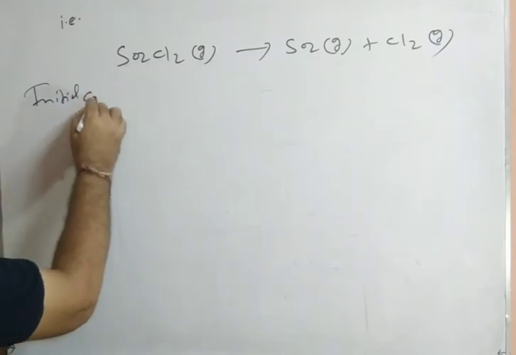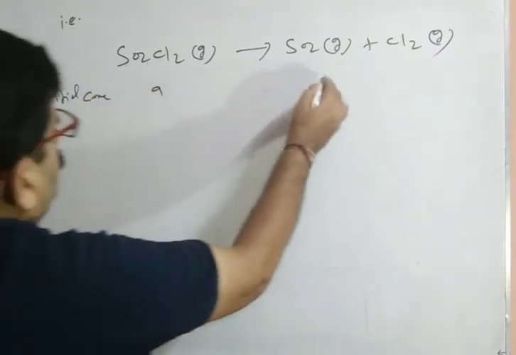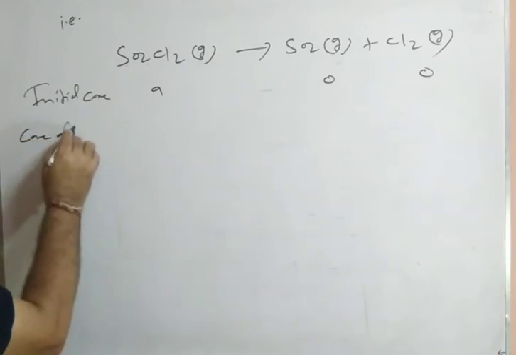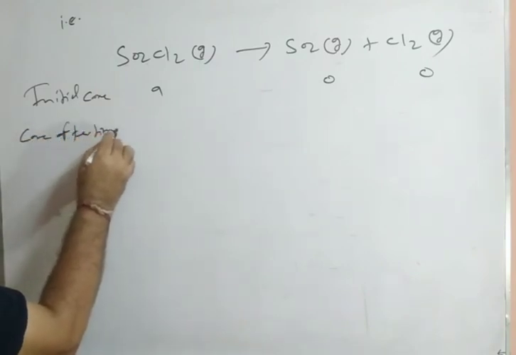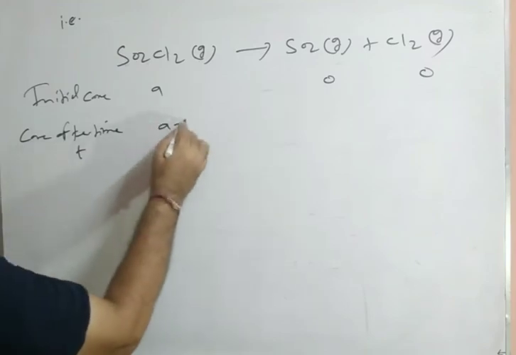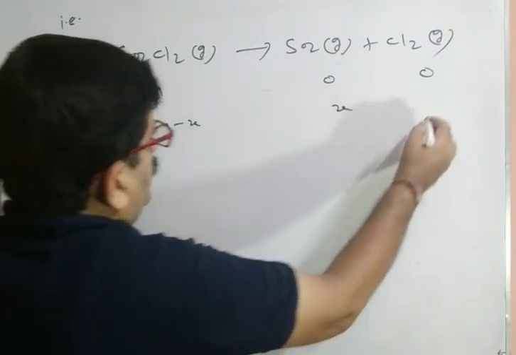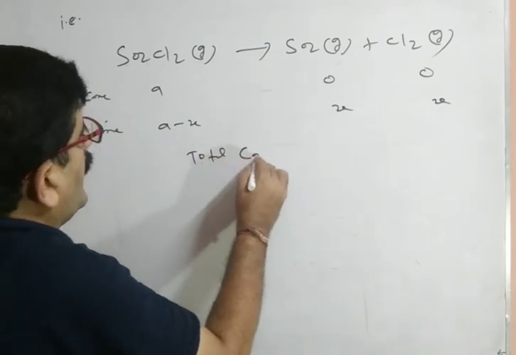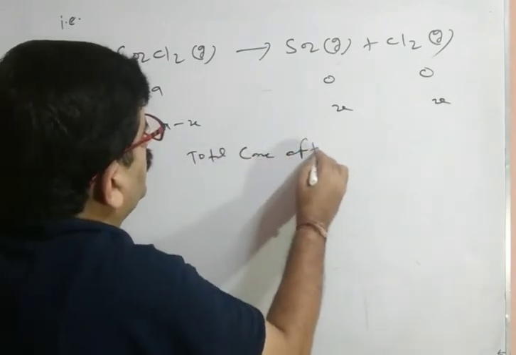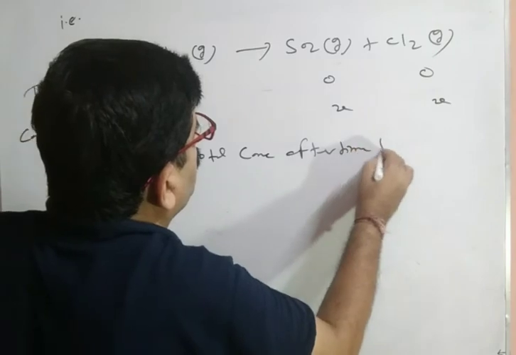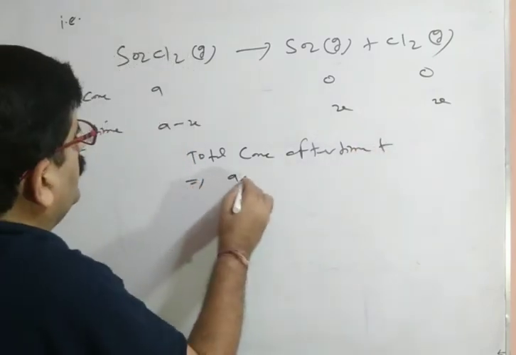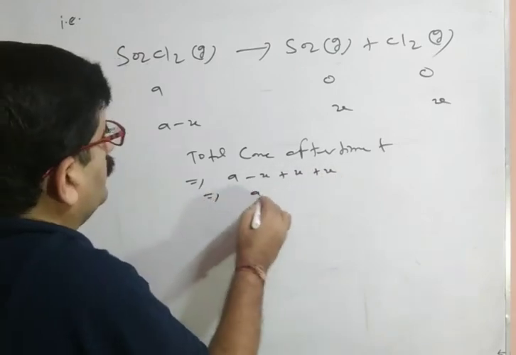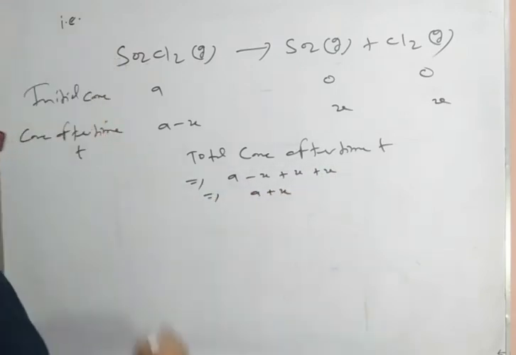Initial concentration a, 0, 0. Concentration after time t: a minus x, x, x. Total concentration after time t, we can write a minus x plus x plus x, that is a plus x.